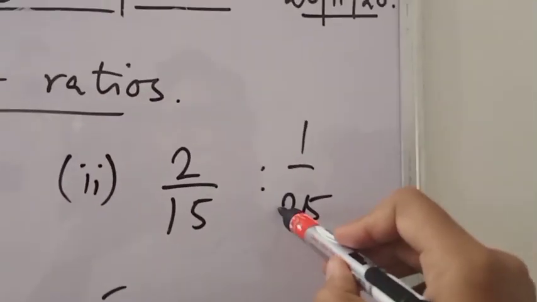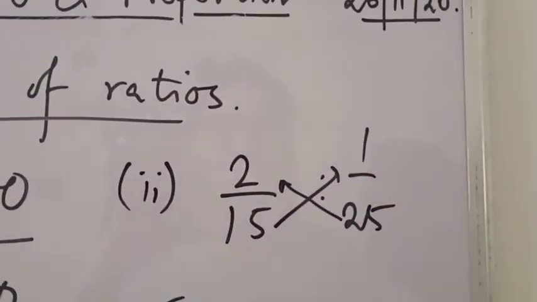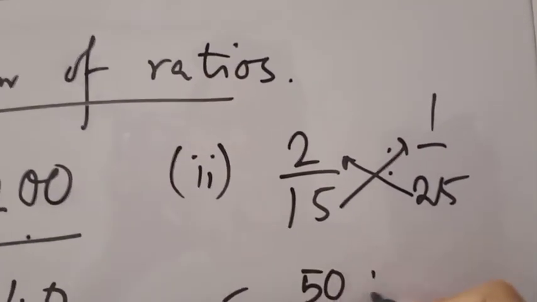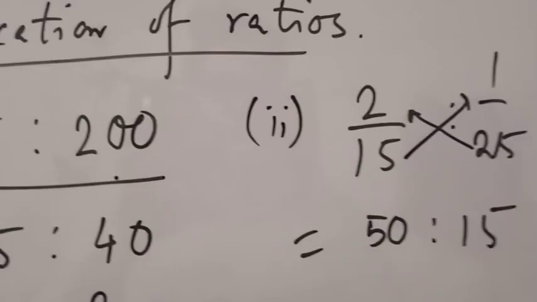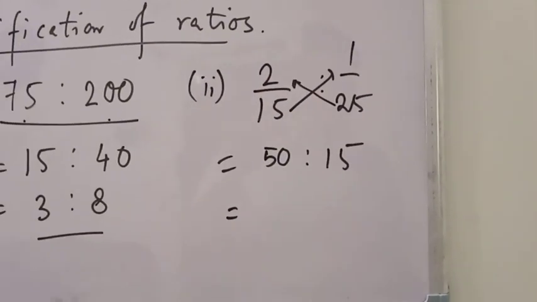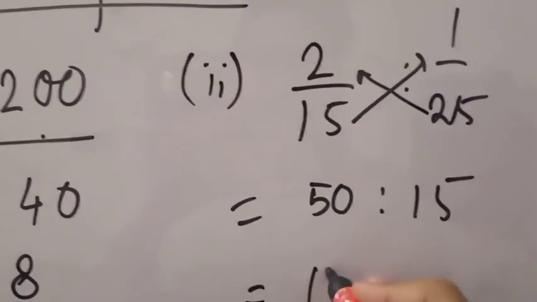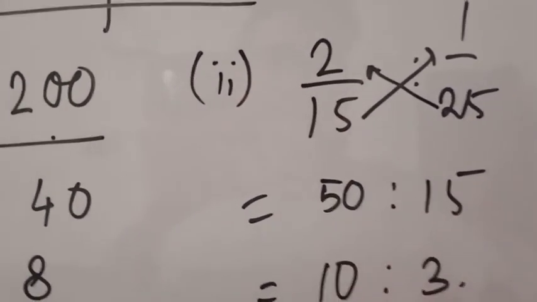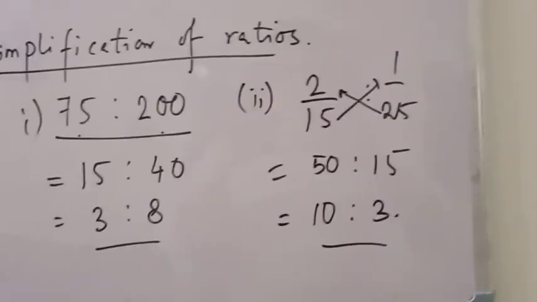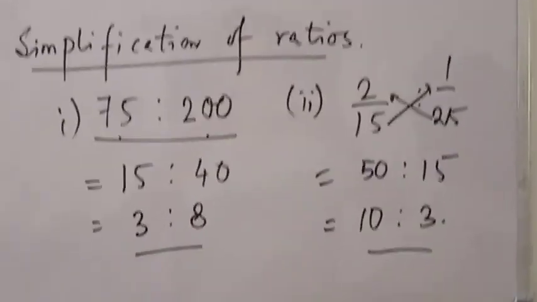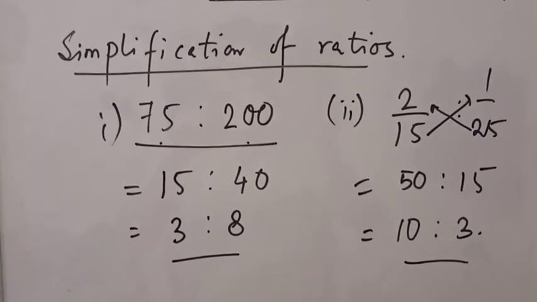That means this into this and this into this. So if we multiply it, then we get 50 is to 15. Then divide by 5, this is 10 is to 3. So this is the simplification of fractional type ratios. Now we are going to the next part.